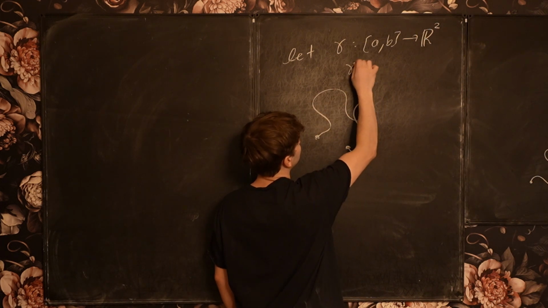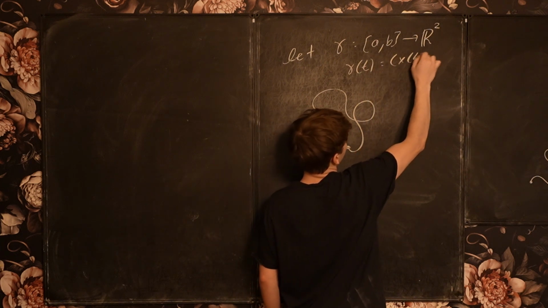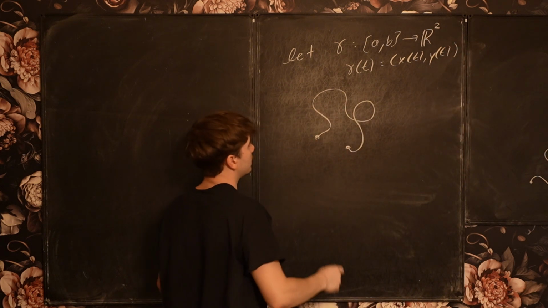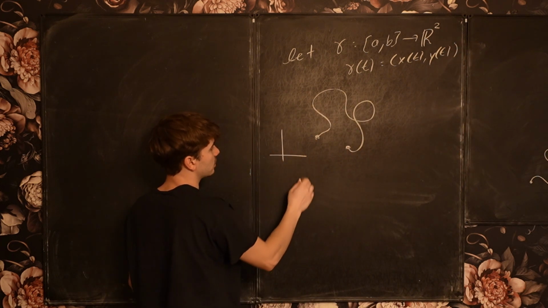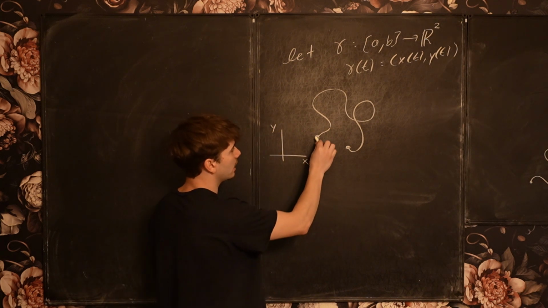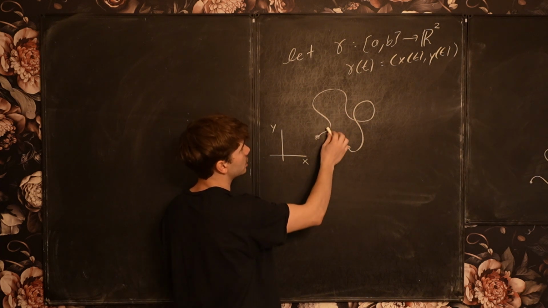So if I write gamma of t as x of t, y of t here, then, let's say I have some coordinate system x and y, I put the coordinates x and y in the plane, and then I parameterize this curve.